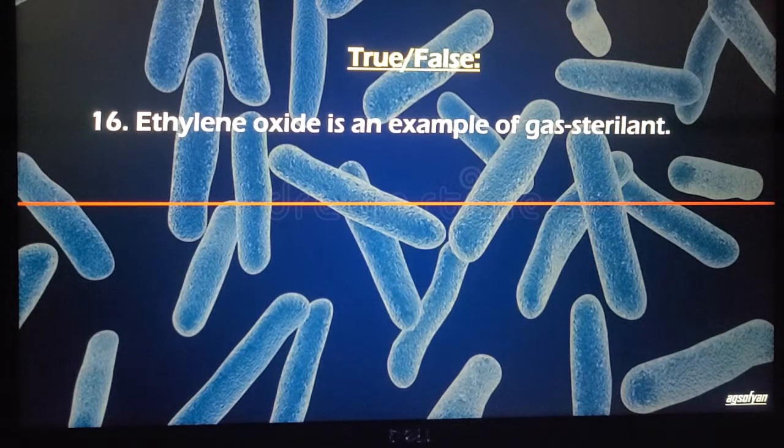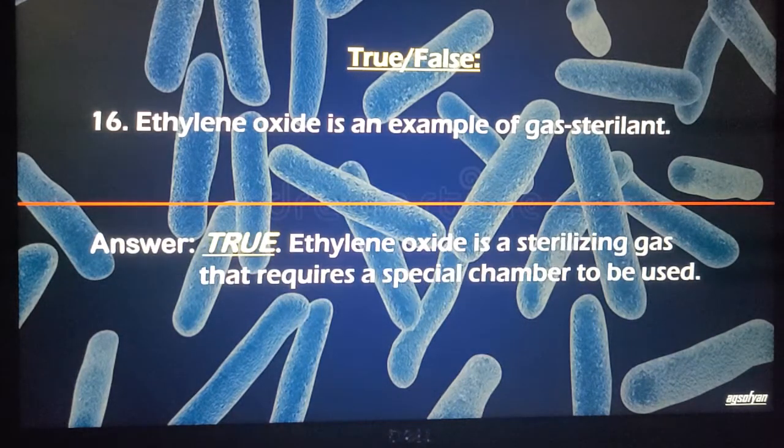Number 16, ethylene oxide is an example of gas sterilant. True or false? Choose your answer. Yes, it is true. So ethylene oxide, again, it is a sterilant, and it is actually gas that require chamber to be used.